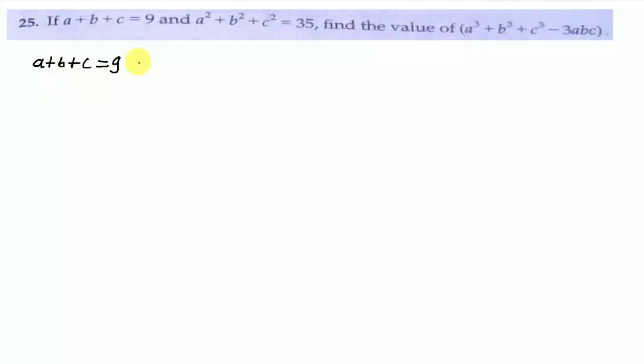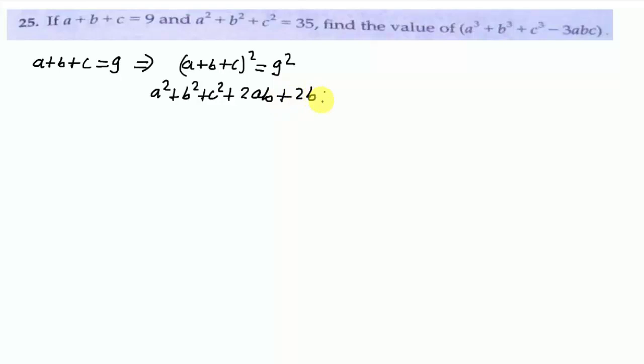So squaring both sides, (a plus b plus c) whole square equals 9 square, and applying the formula (a plus b plus c) whole square equals a square plus b square plus c square plus 2ab plus 2bc plus 2ca, and 9 square is 81, and a square plus b square plus c square is what? 35.